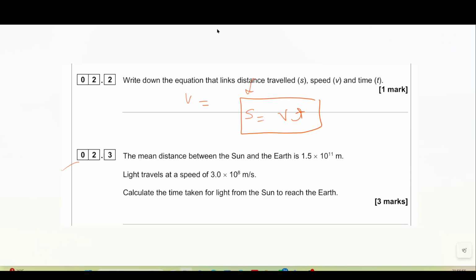Let's see next. Calculate time taken for the light of the sun to reach Earth. So time is equal to distance divided by speed. Yes. So 1.5 times 10 to the power of 11 divided by 3 times 10 to the power of 8.